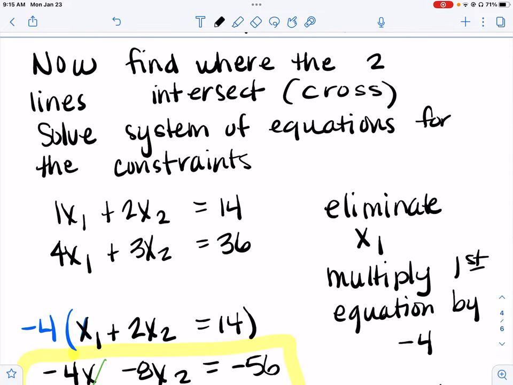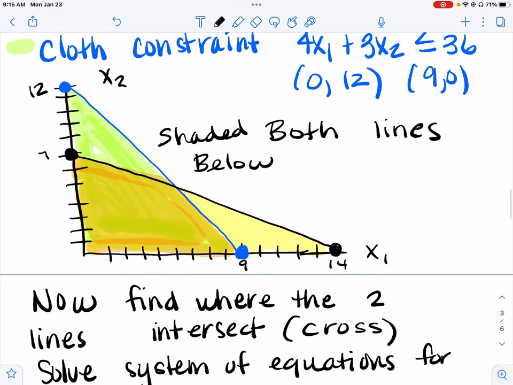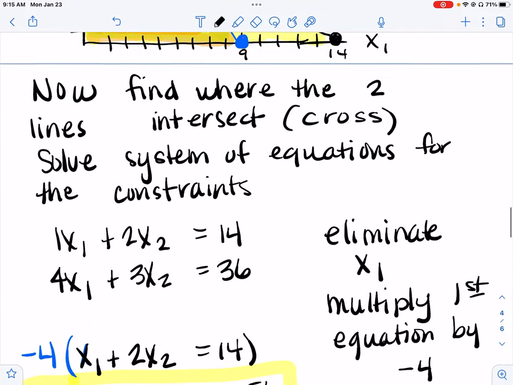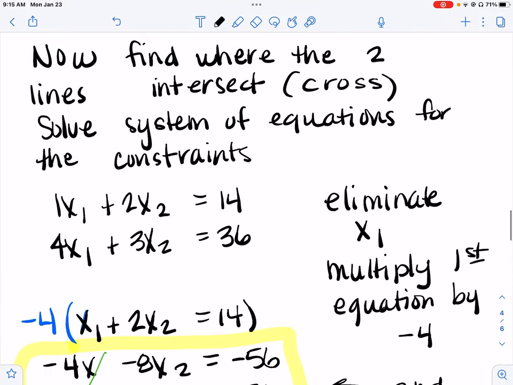Okay, now we want to find where the two lines cross or intersect. We're trying to find this point right here, where the blue line and the black line cross. Okay, and where they cross is when you solve a system of equations. So we're going to solve our system of equations, and we're going to do that with the elimination method. Okay, so if I look at x1, I have 1, and then I have 4.